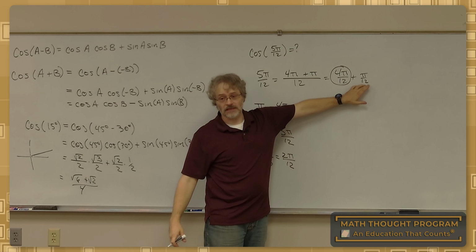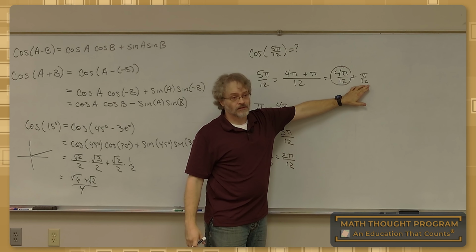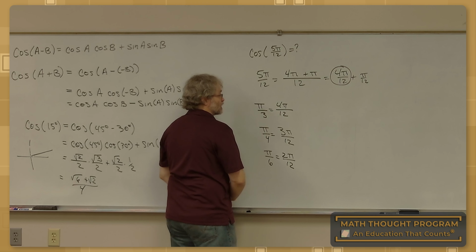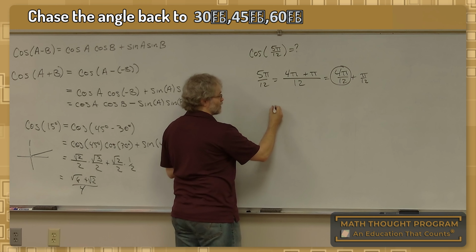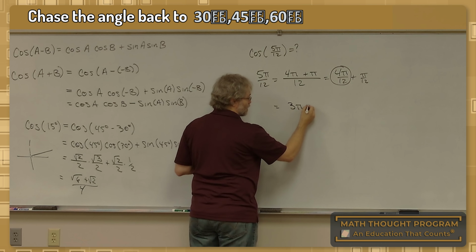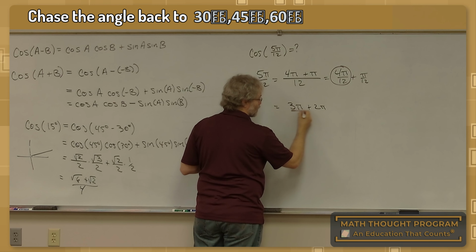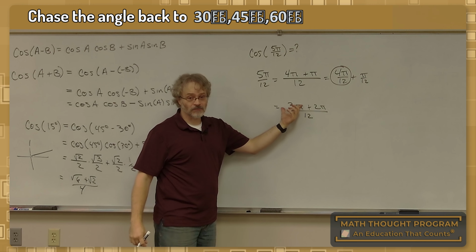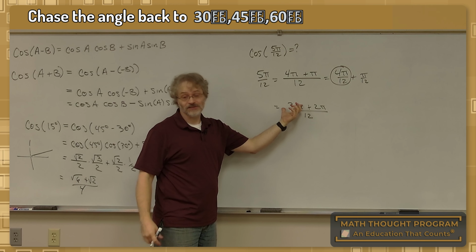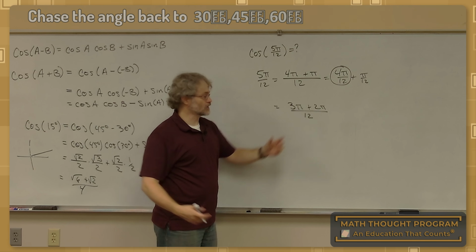But you haven't a clue what happens here. You can also take this, and you can make 5 by taking a 3 pi and a 2 pi. So you take your number, break it apart in a way that's going to lead you to some tractable results.